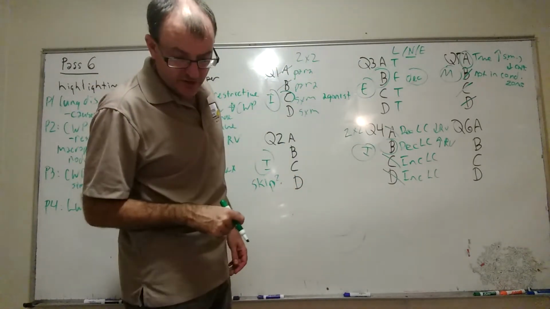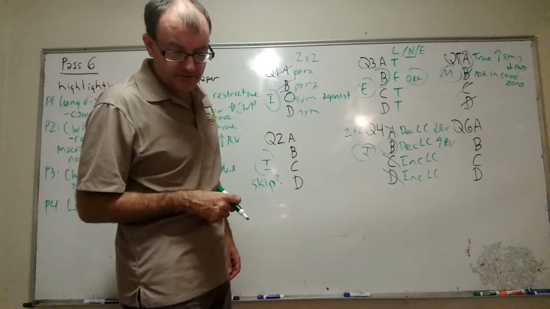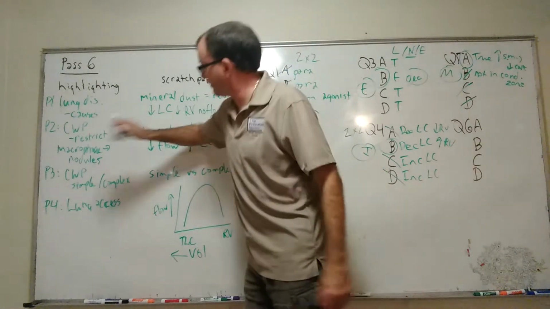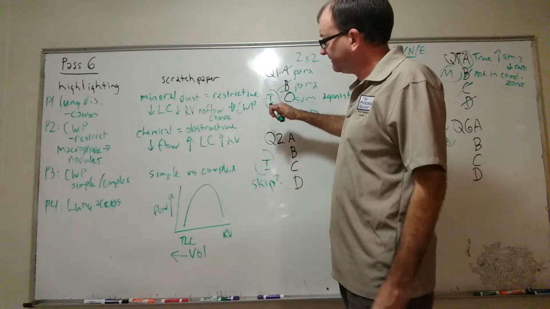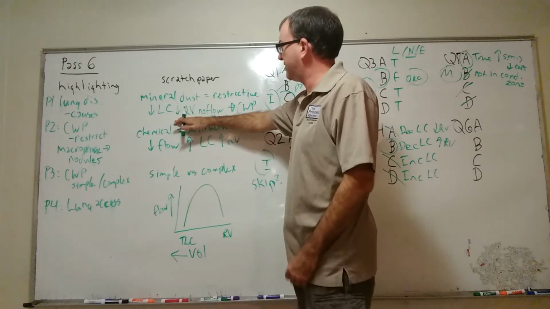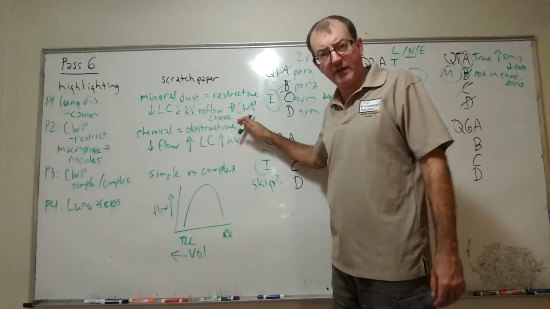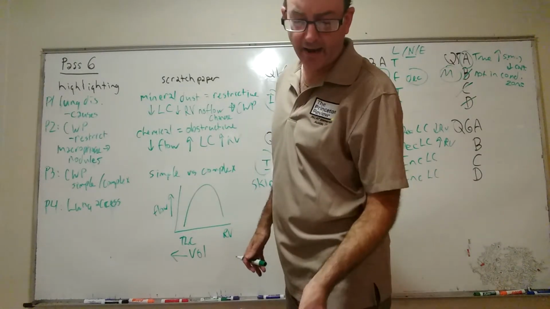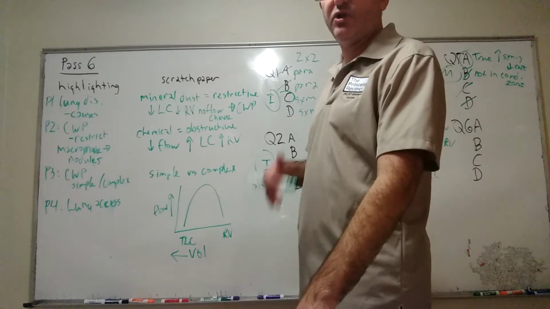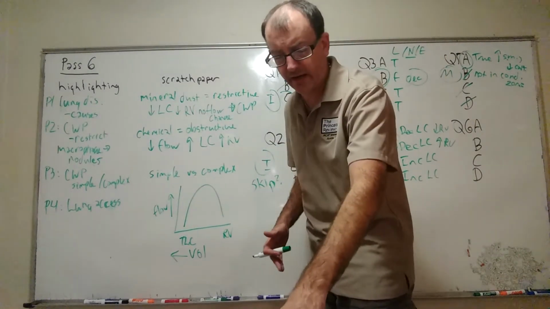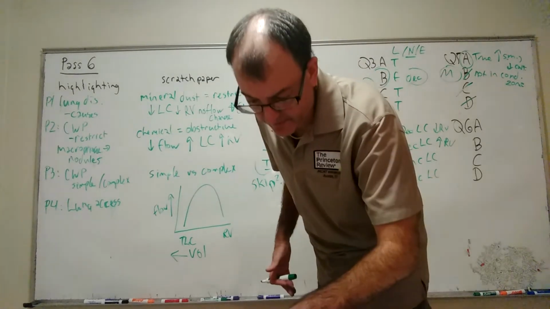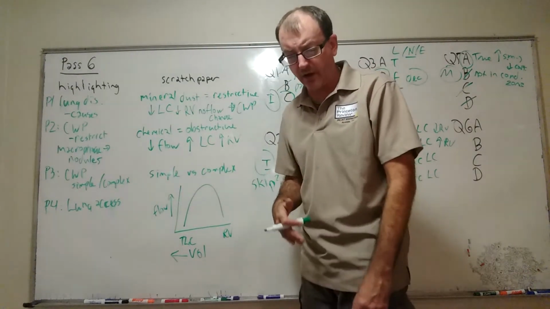All right, 6. Which of the patients in Figure 1 is most likely suffering from CWP? So we go back to CWP. It says it's restrictive. Restrictive here means a decrease in lung capacity, a decrease in residual volume, but no flow change. So we go back and look at our graph, and you see that the only one that doesn't have a change in flow, if you compare the solid black line, which is normal, to the dashed line, which is patient 4, there's no change in flow.